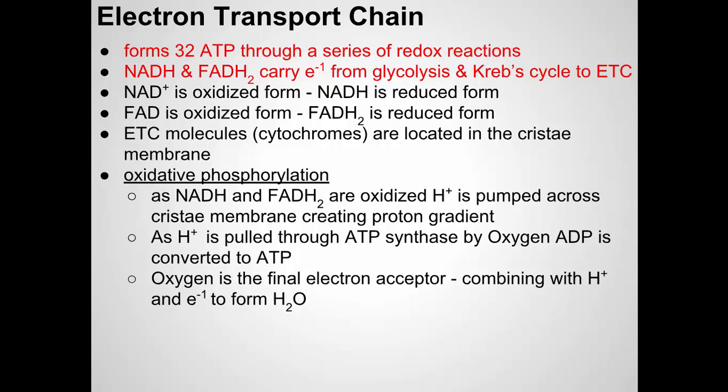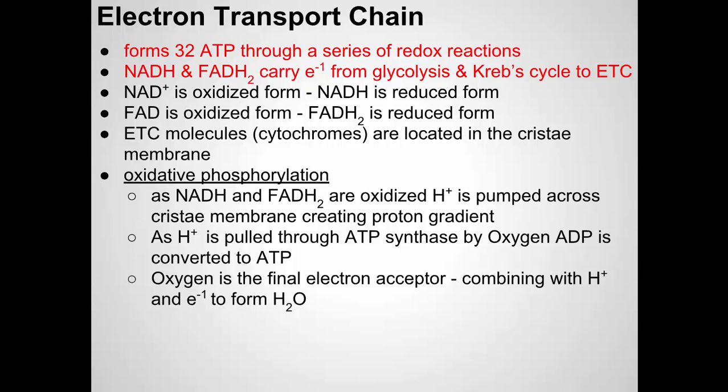And so NADH, FADH2 are oxidized, and what that does is it pumps protons across the membrane, building up a concentration gradient. And then as that concentration gradient builds up, it's released by coming through ATP synthase, which makes ATP. And that's where the ATP from respiration comes from.